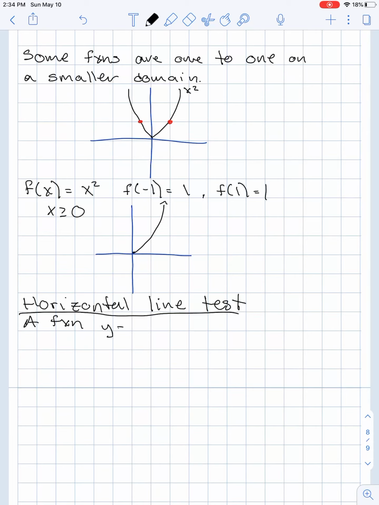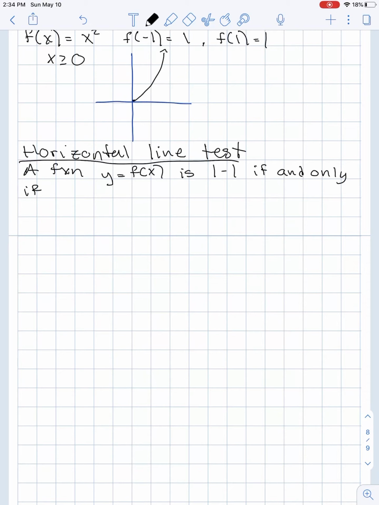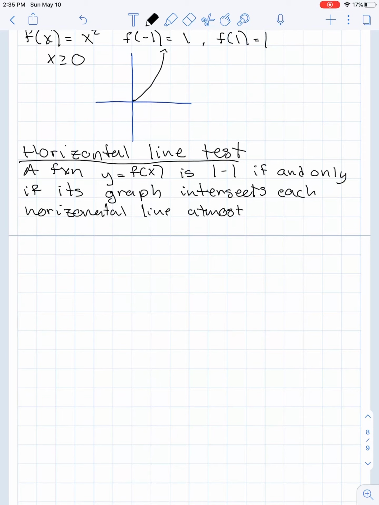So a function, let's call it y equals f of x, is 1-to-1, that's how I write it sometimes, if and only if its graph intersects each horizontal line at most once.